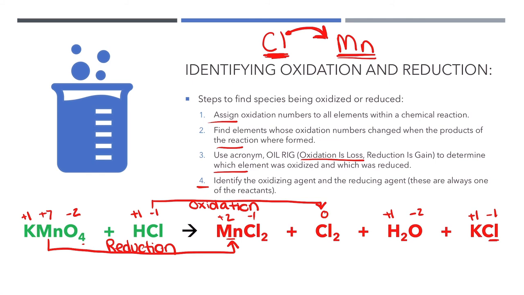And so when we go over here to label our oxidizing and reducing agents, they're always going to be on the reactant side of the equation, right? They're always going to be on this side. And if I'm looking for my oxidizing agent, then manganese is causing the oxidation of chlorine when it pulls in that electron. So this whole compound right here is going to be my oxidizing agent.